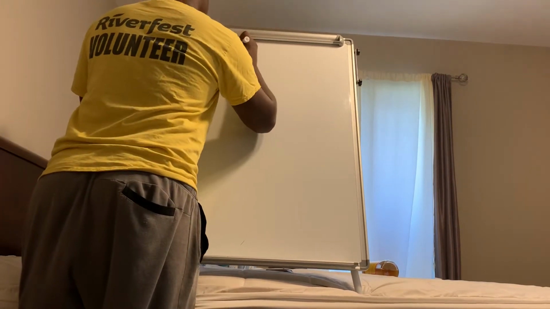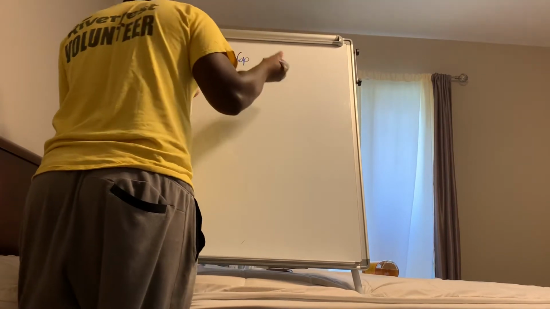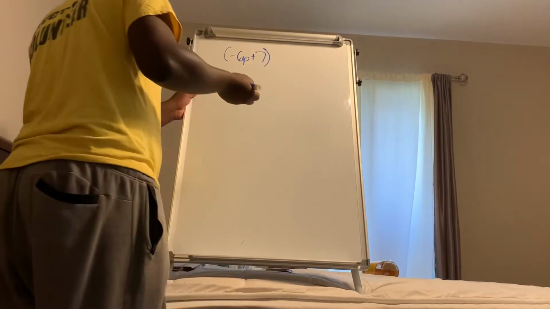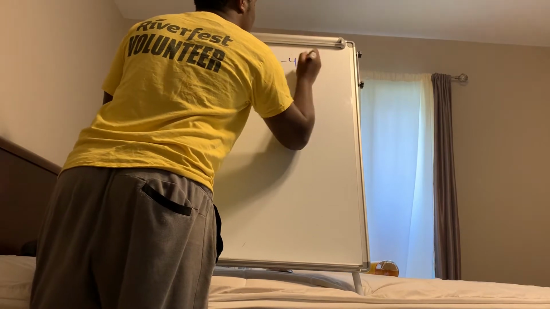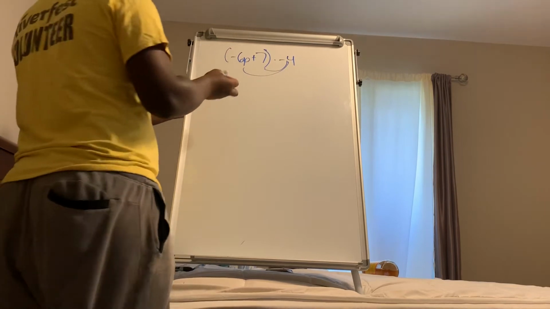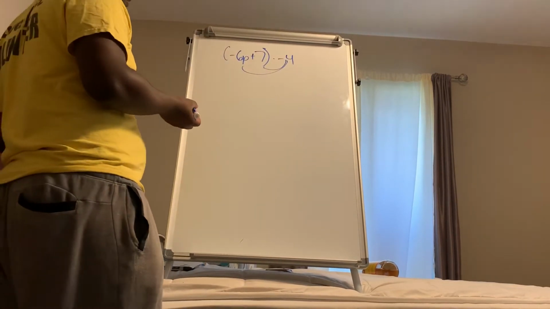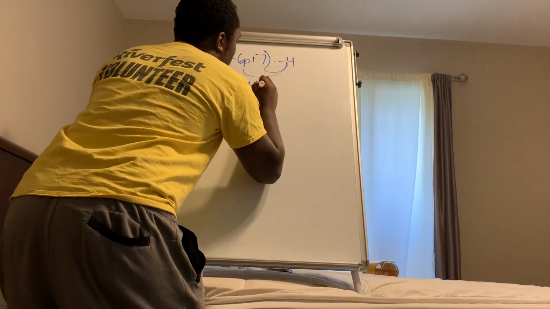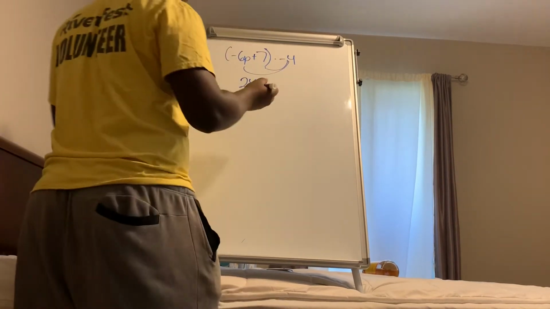Next we have parentheses, negative 6p plus 7, times negative 4. Same distributive property. Negative 4 times negative 6p is going to be positive 24p. Seven times negative 4 will be negative 28.